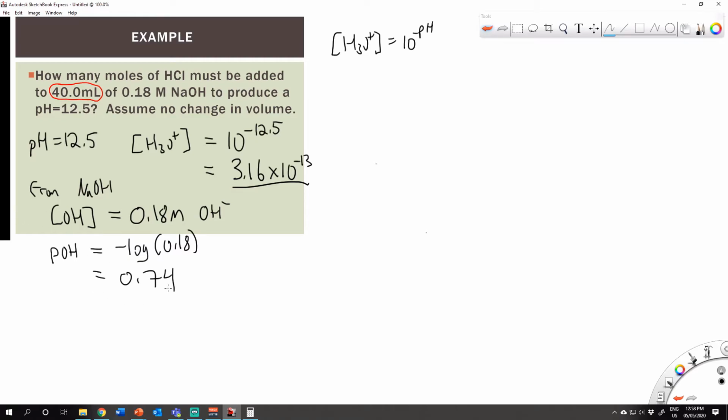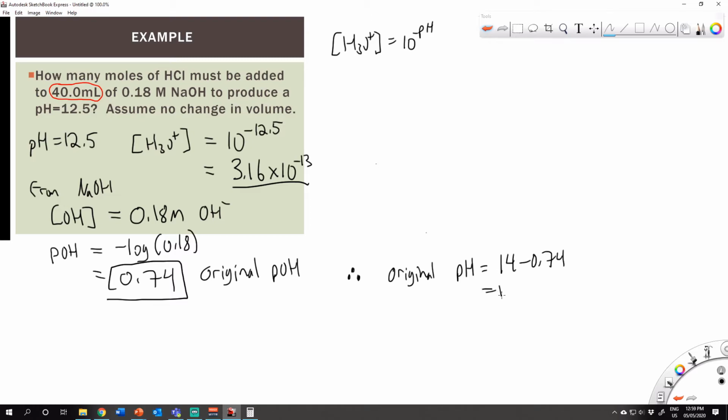So this is our original pOH. And then from here, we can calculate the original pH. Our original pH is going to be 14 minus 0.74, to give 13.26.